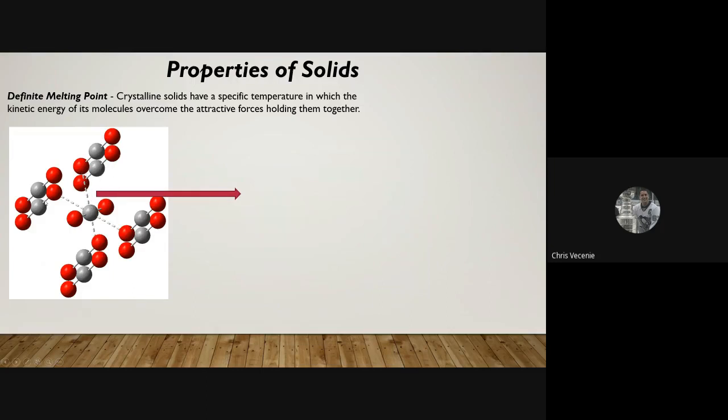Yesterday I showed you some molecules, and we talked about how we determine whether they have hydrogen bonds, dipole-dipole, or London dispersion forces. Or they could be ionic or metallic, and that varies their strength. When we have enough heat present to overcome those IMFs, you will see these molecules start to separate. That's what melting is.